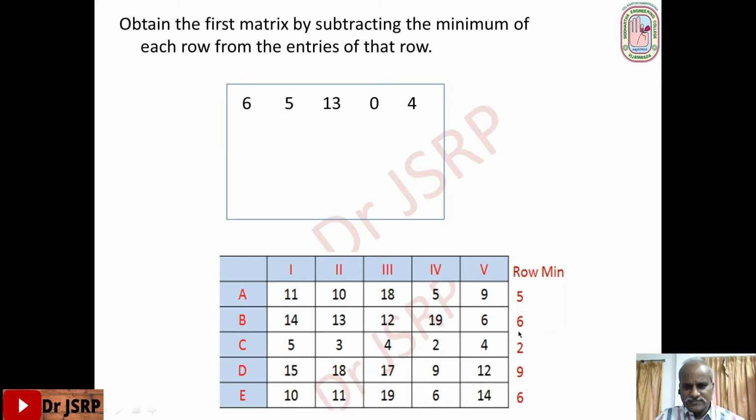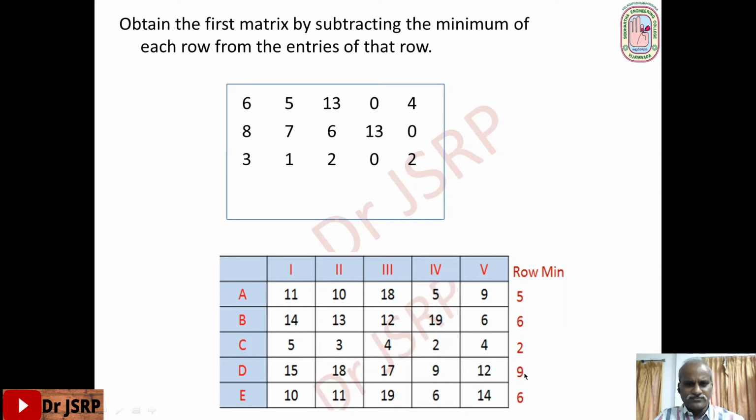Okay. So similarly subtract 6 from second row, 14 minus 6, 8, 13 minus 6, 7, 12 minus 6, 6, 9 minus 6, 3, 6 minus 6, 0. Okay. In the second row, observe the 0 entry. That means the second job has one possible assignment. That is the meaning of this. So similarly, subtract 2 from third row, 5 minus 2, 3, 3 minus 2, 1, 4 minus 2, 2, 2 minus 2, 0, 4 minus 2, 2.